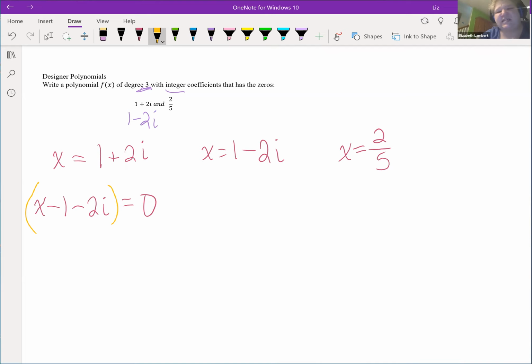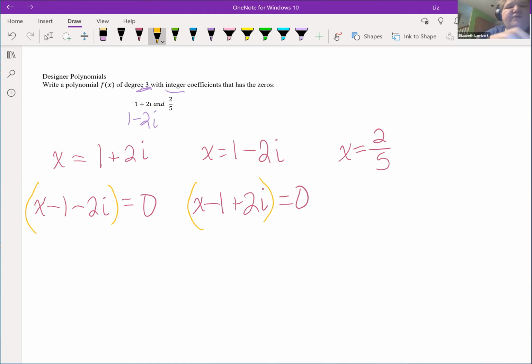So there's always this idea that you can put some constant multiple in there, but overall, there it is. There is a factor. Same song, second verse here, x minus 1 plus 2i would be equal to 0. So there's our second factor. We are going to box those together. This in particular is why I love the box method.